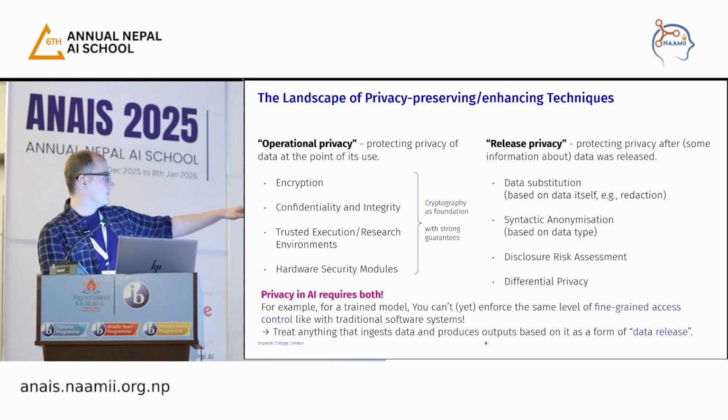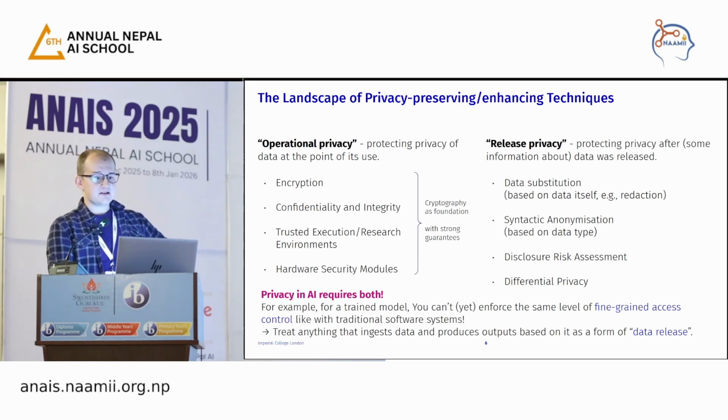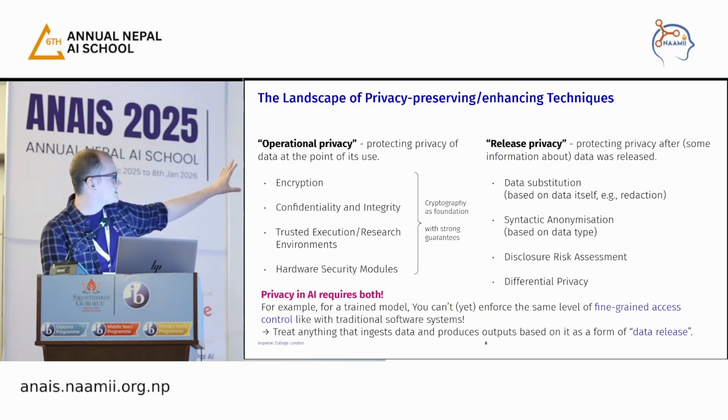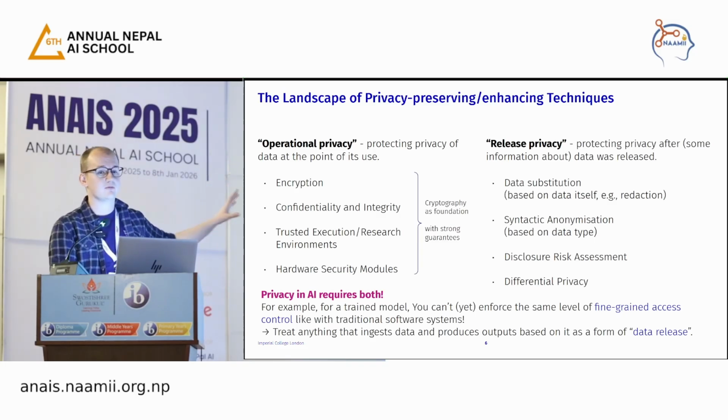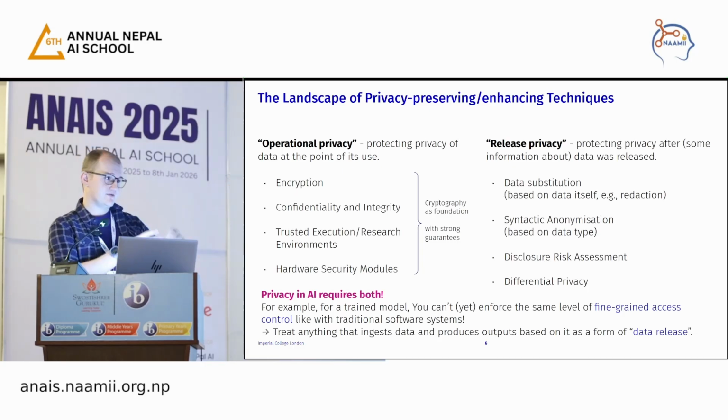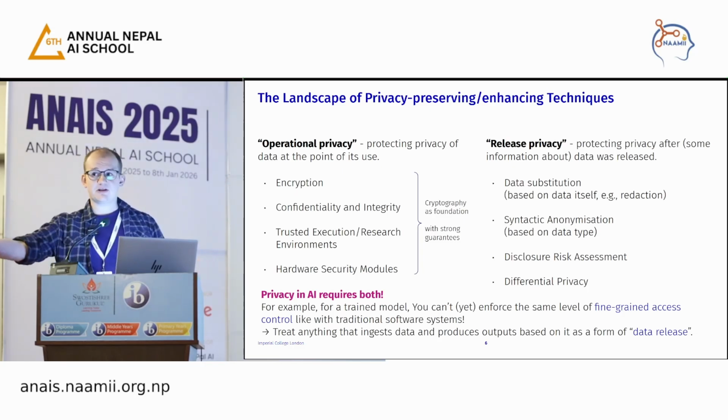And finally, we're going to look at differential privacy, which, similar to cryptography on the left-hand side, is a formal framework. Differential privacy is a formal framework for the release privacy of data. So every time you release some information about the data in a differentially private way, you can obtain some guarantees about the disclosure risk, right?